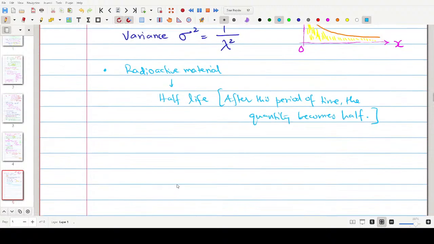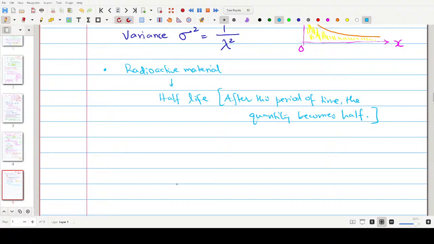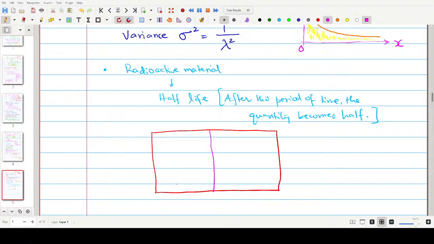So I'll just try to draw a small picture here, right? Let's say this is your tiffin or the radioactive material. So after the first 5 minutes, you have already eaten this. So what is left is the right hand side. Then after the next 5 minutes, what is left is this part, the shaded region, right?